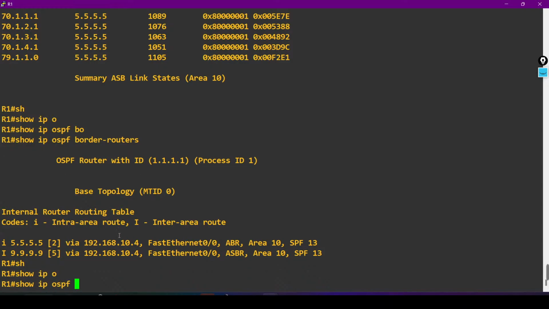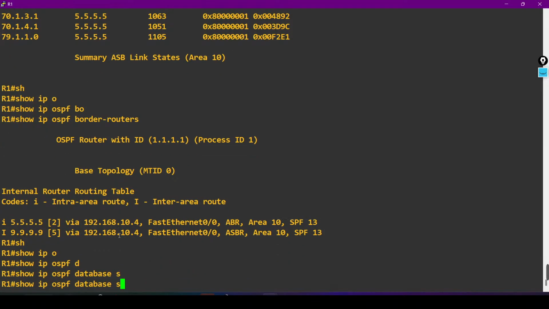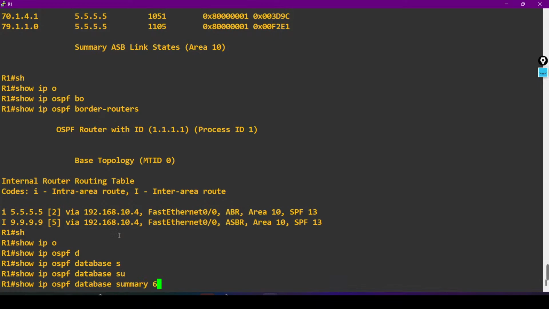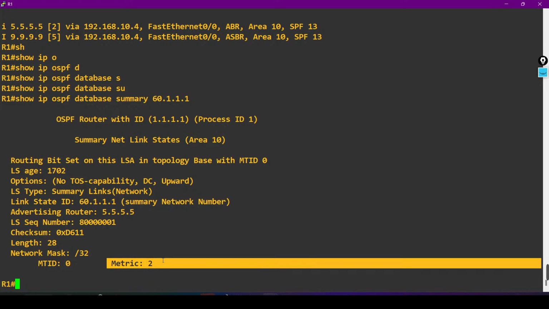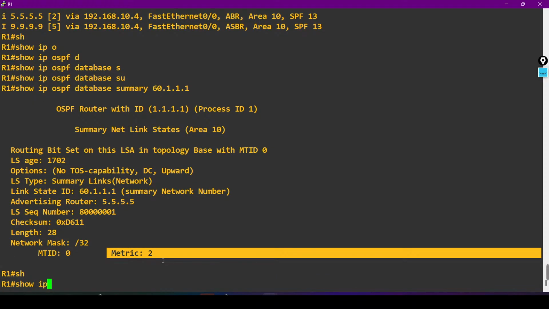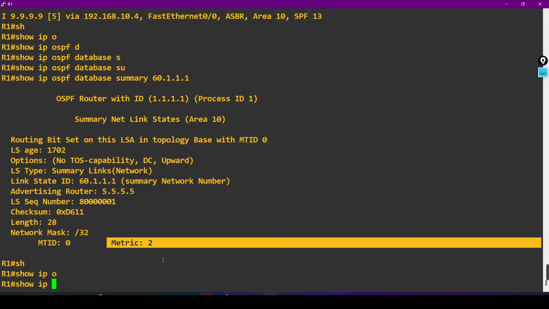So show IP OSPF database summary 60.1.1.1. What is the cost from the ABR to the destination? 2. So the total cost from me to the 60.1.1.1 network will be what? 2 plus 2, 4.